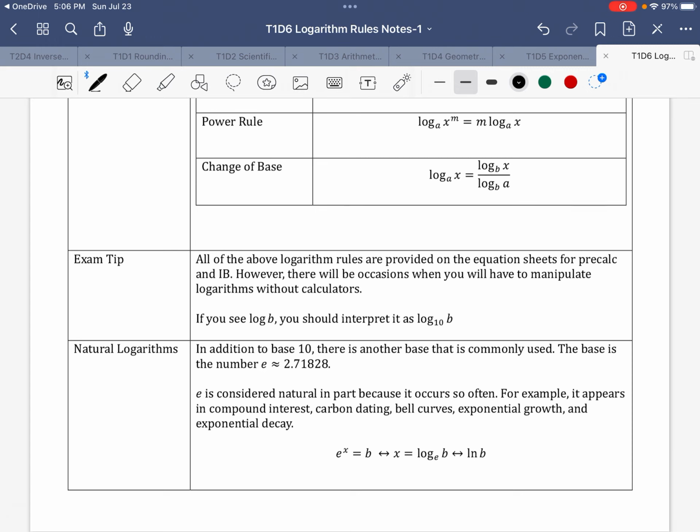So if you have e to the power of x equals b, we can convert that into logarithmic form: x equals log base e of b, and this log base e we shorten as natural log, which is ln.